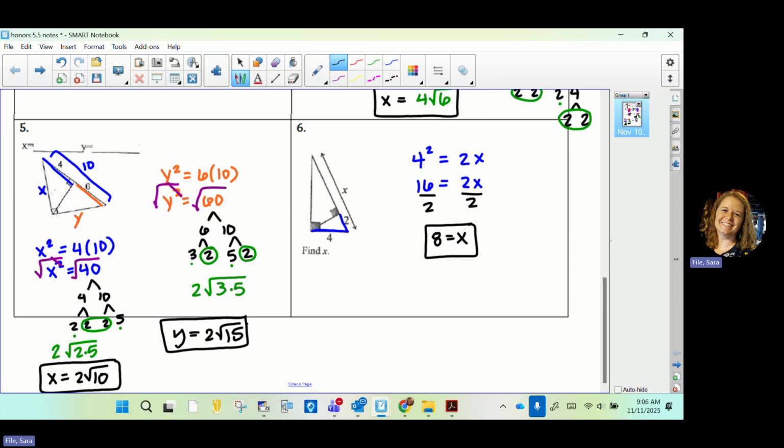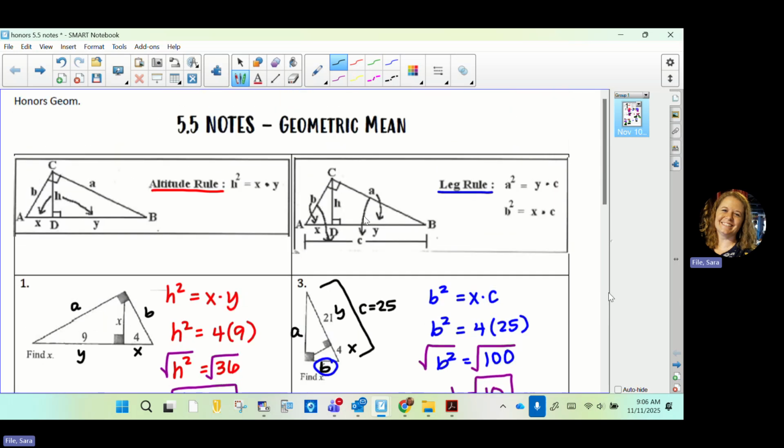And say that again. I had to look at what I was looking for, C, right? The hypotenuse. Okay, and I know a leg. I don't know the height. So looking at my 2 options, the C is used in the leg rule, and I happen to know one of the legs. So I had to use that one.